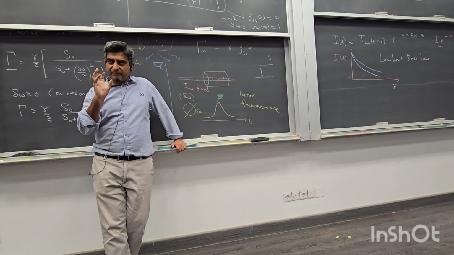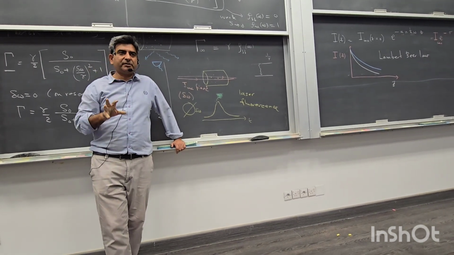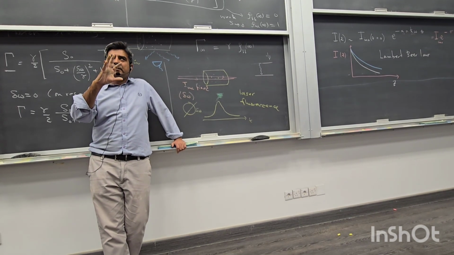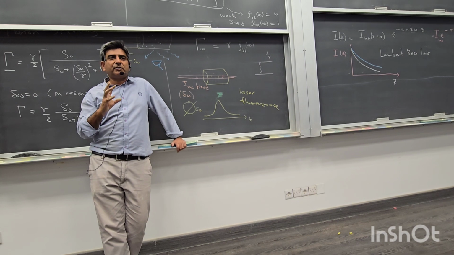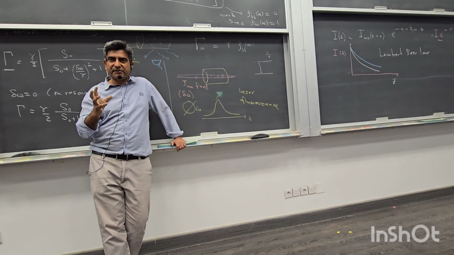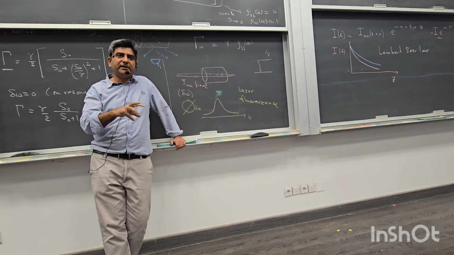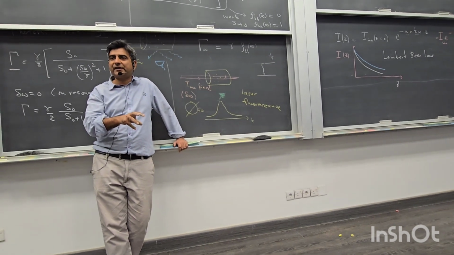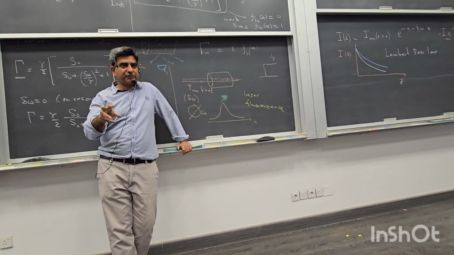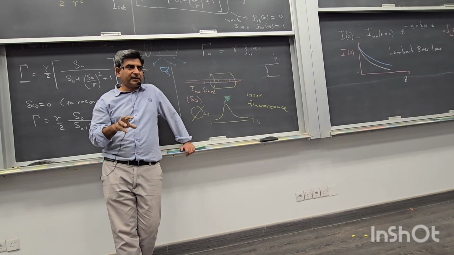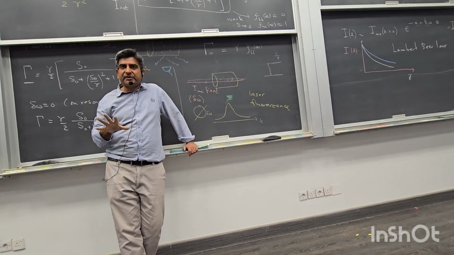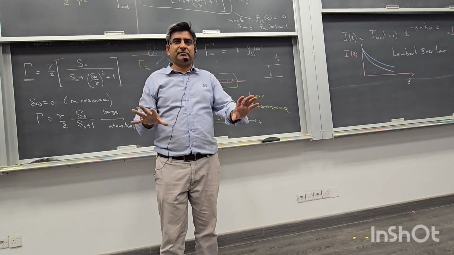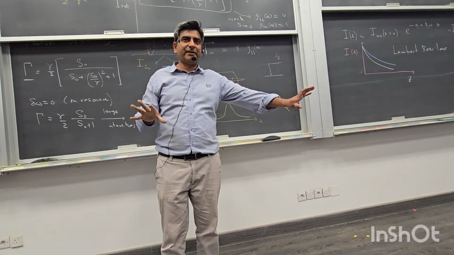This is how we start this quantized treatment of light. Then we'll describe the quantum states of light, called Fock states, or number states. Then coherent states, and then squeezed states, amplitude squeezed and quadrature squeezed states. And so we have this quantum description of light.